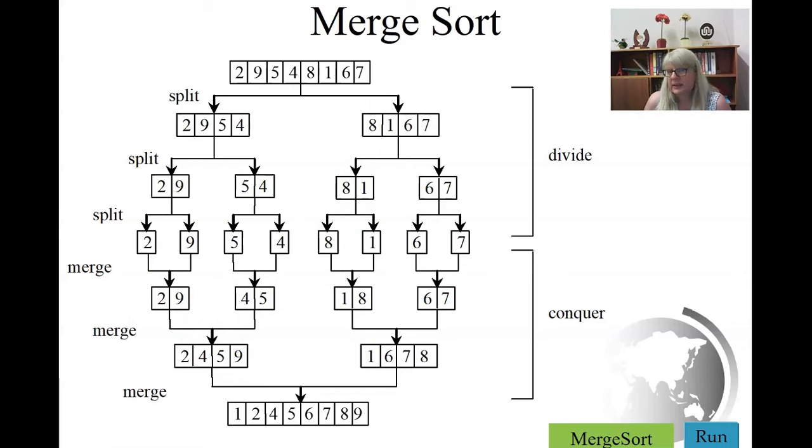So it is 2 times log n to sort this, and that's order log n. But you have to add the merging as well, and the merging is order n to actually merge it. So if I can just go to the next slide.